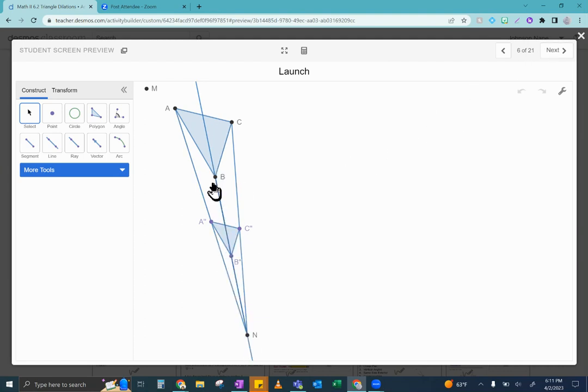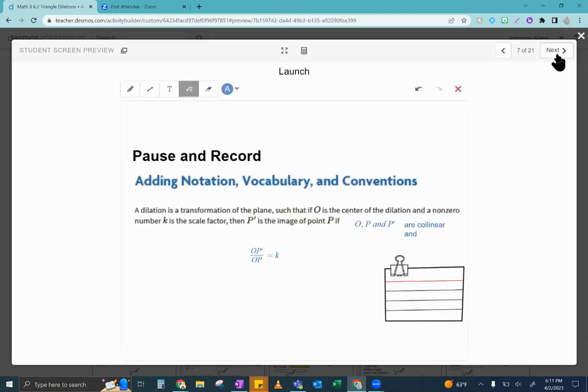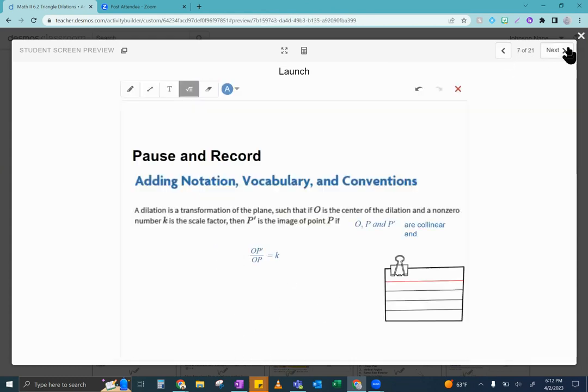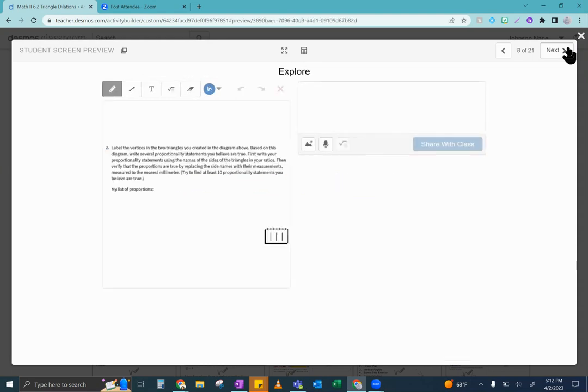So pretend this length was 20 divided by 10, your scale factor was 2, or your scale factor was half, depending on which way you're going. 10 divided by 20 is half, or 20 divided by 10 is 2, right? Okay, so that's all they're saying. So if O, P, and P prime are collinear, it means they're all in a line. Okay, so that's that.